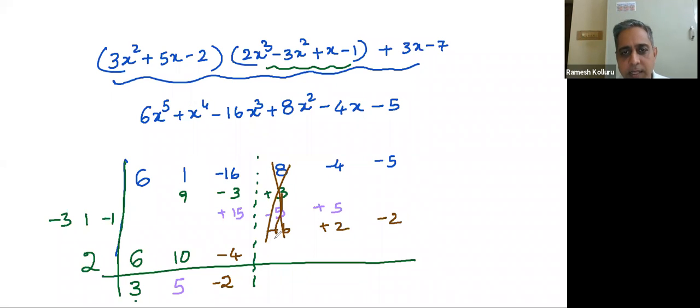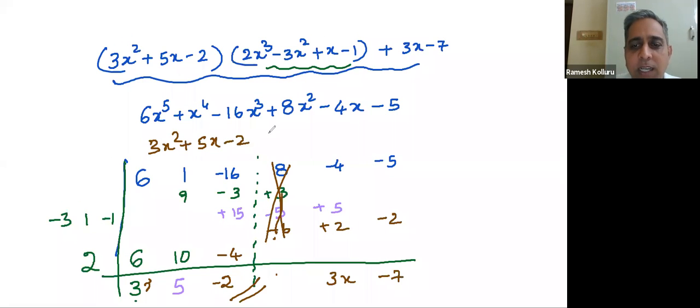So nothing remains here, 0. So 7 minus 4, 3, and minus 2 minus 5 is 9. Right? So my answer is 3x squared plus 5x minus 2 as my quotient, and 3x minus 7 as my remainder.